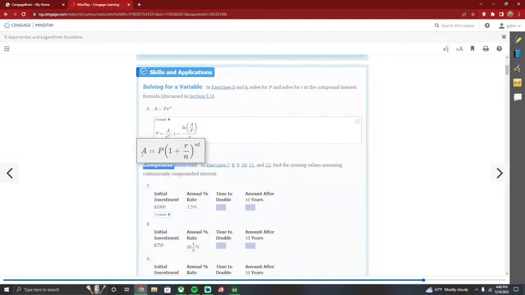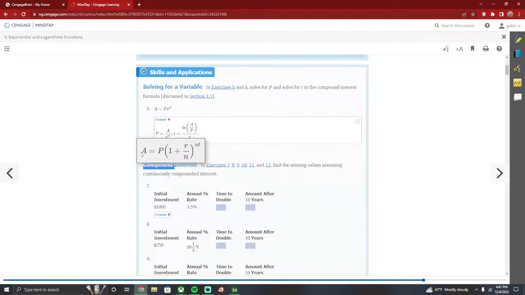That's easy enough. P equals A over, in parentheses, 1 plus R over N to the NT power.